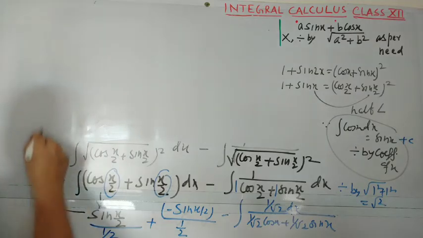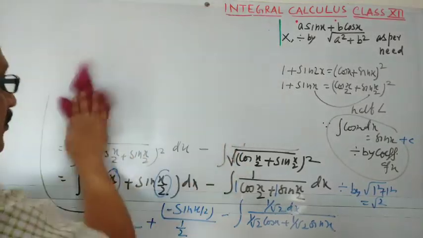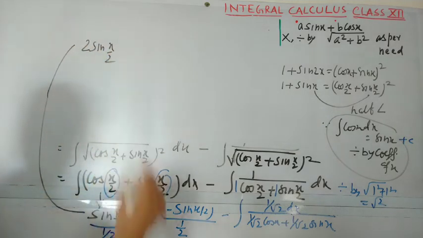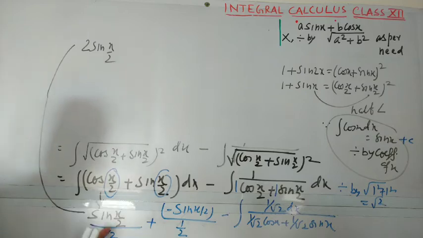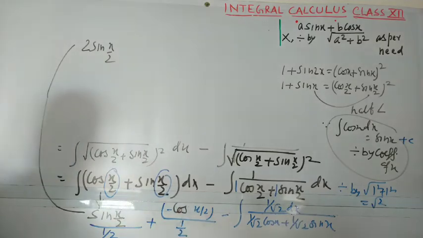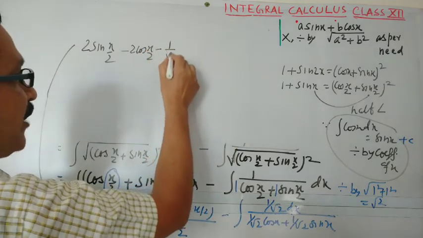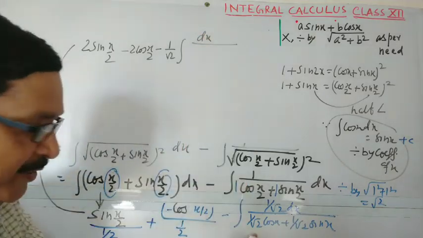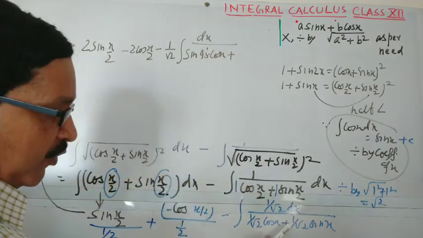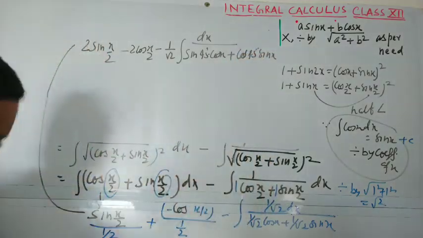So this is 2 sin x by 2 minus 2 cos x by 2 minus 1 by root 2 outside and dx by, now 1 by root 2 is sin 45 degree, sin 45 degree into cos x plus cos 45 degree into sin x.